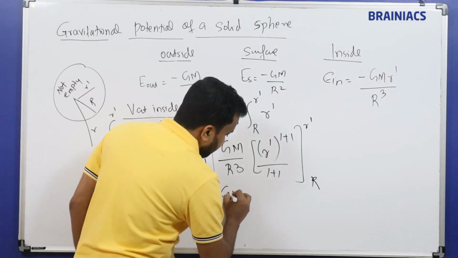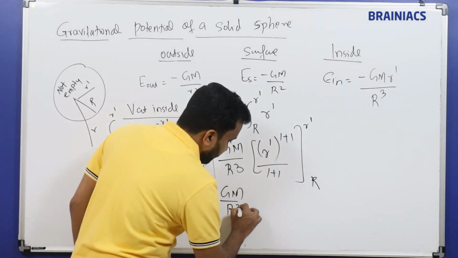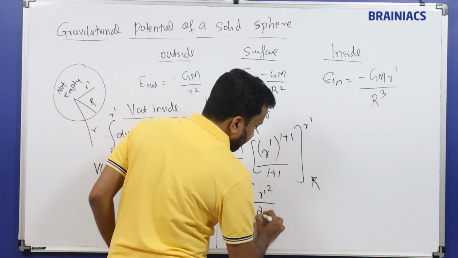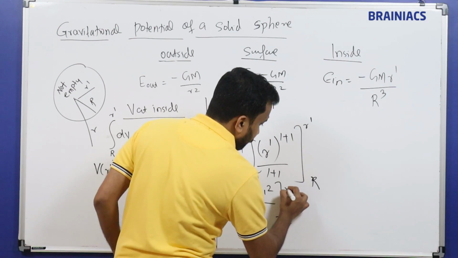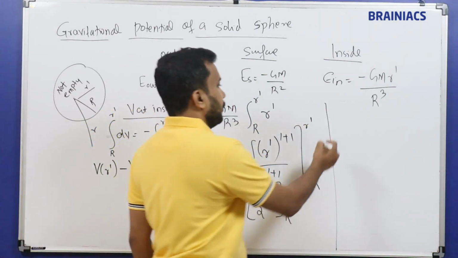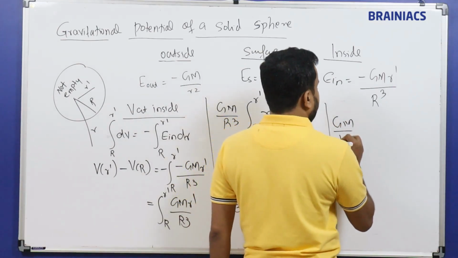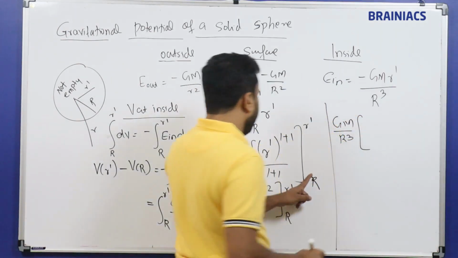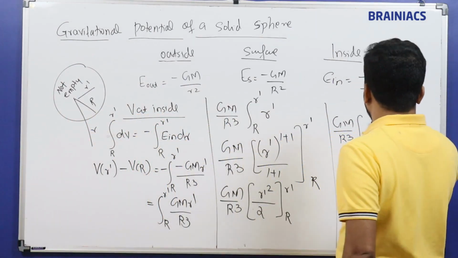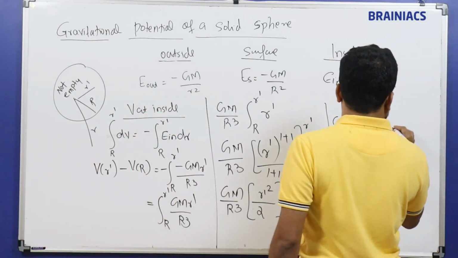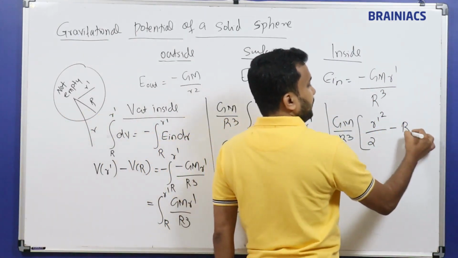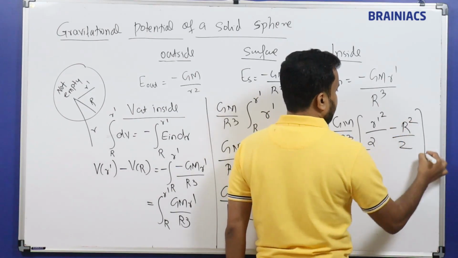So GM divided by R cube into r dash square divided by 2, limit capital R to r dash. So GM divided by R cube into upper limit minus lower limit. Upper limit, we substitute r dash, so r dash square divided by 2, minus lower limit, which is R square divided by 2.